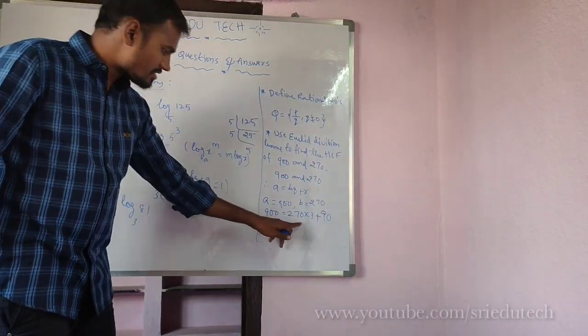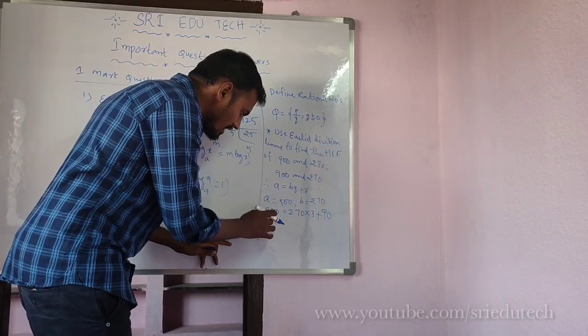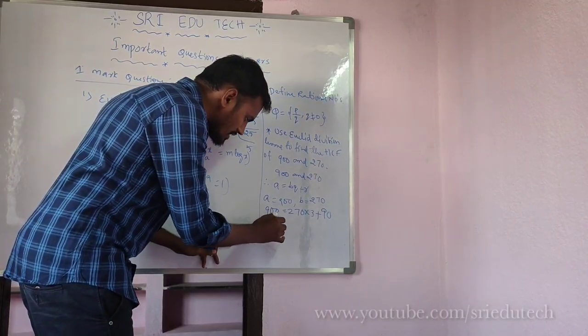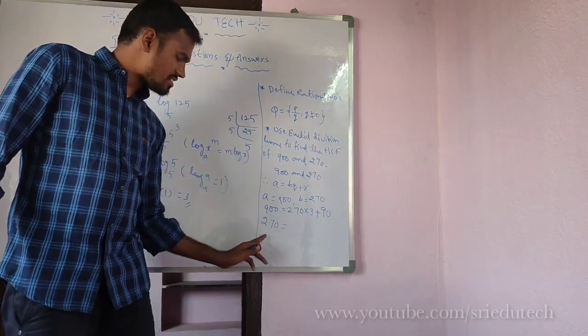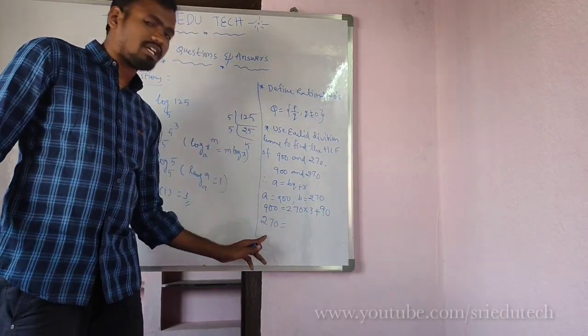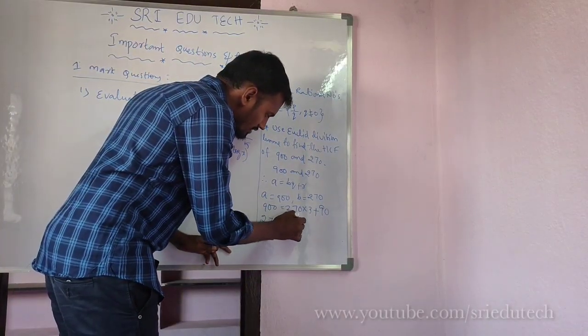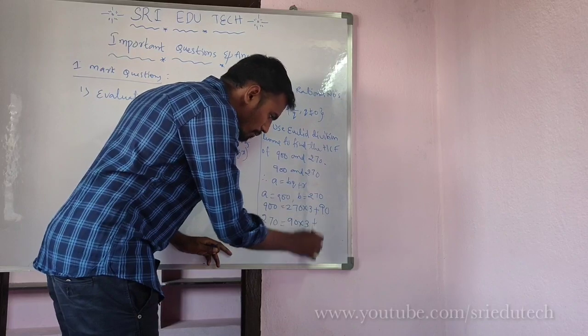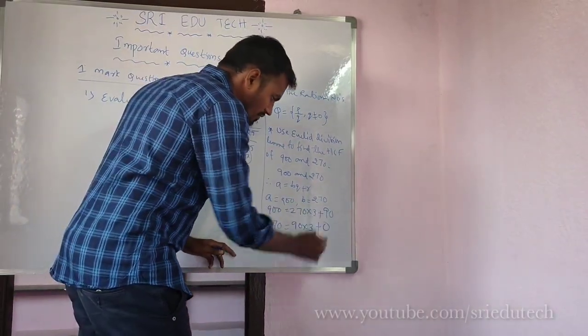Then take 270 in the form of A, and divide by 90. 90 into 3 is equal to 270, plus remainder 0.